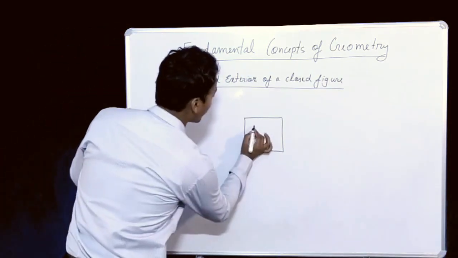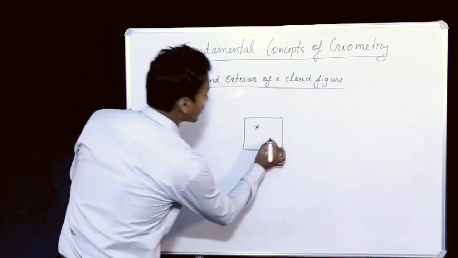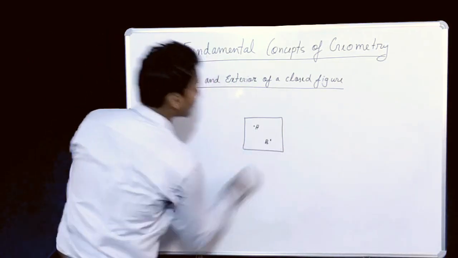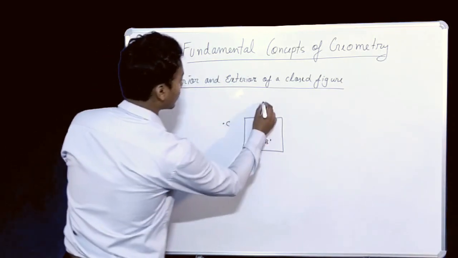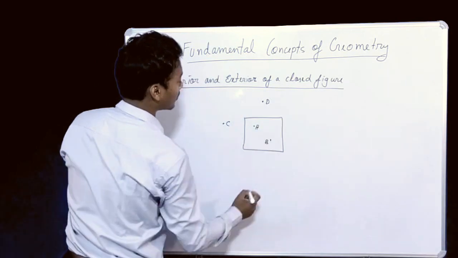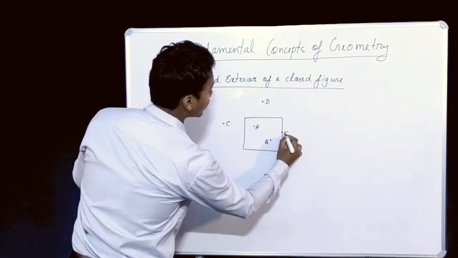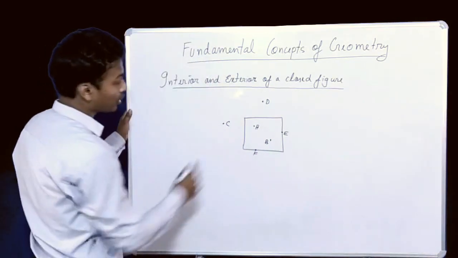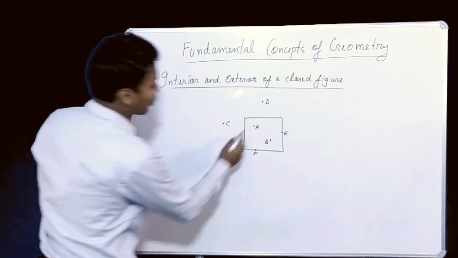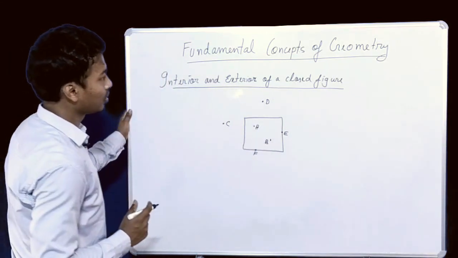So if I plot any point inside this square shape, let's say A, B, and some points here C, D, and some points here E and F. So here we can clearly see that the points A and B are inside the square.